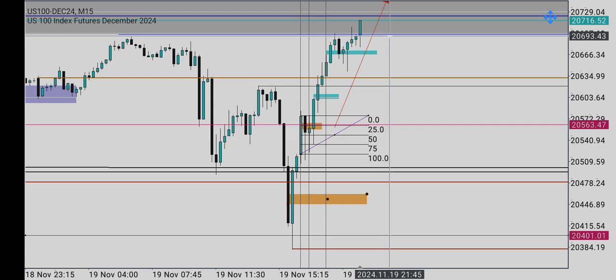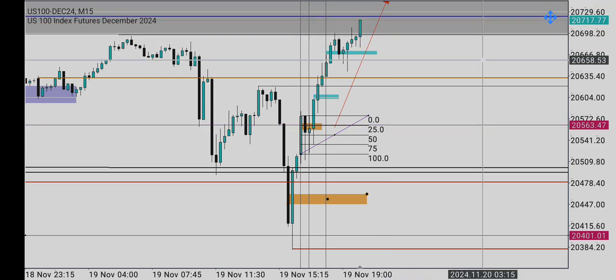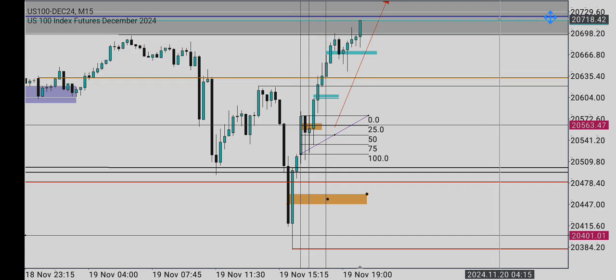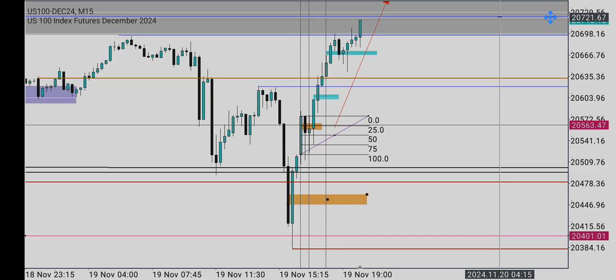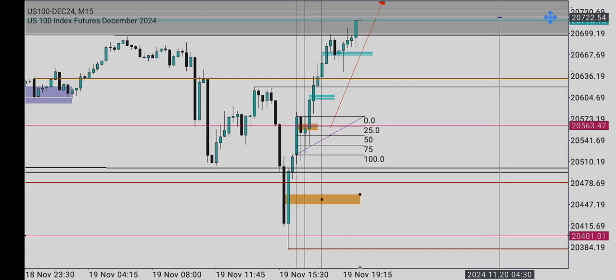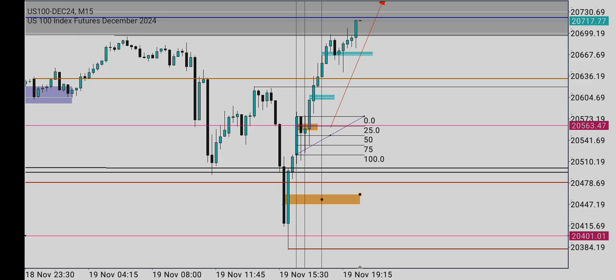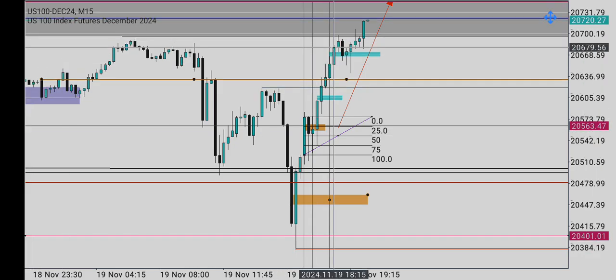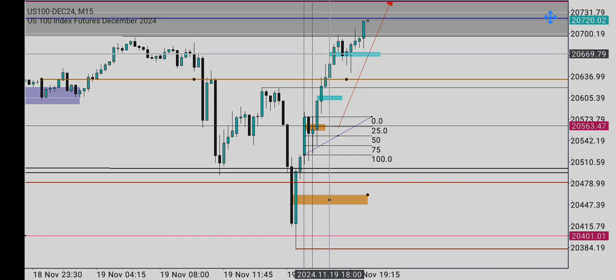My first target was hit here, and my second target was at this level. But I just had that gut feeling that the price would go up to this level, so I placed my target here. The price went very well, and after it reached the target I had placed, it went down into this fair value gap.